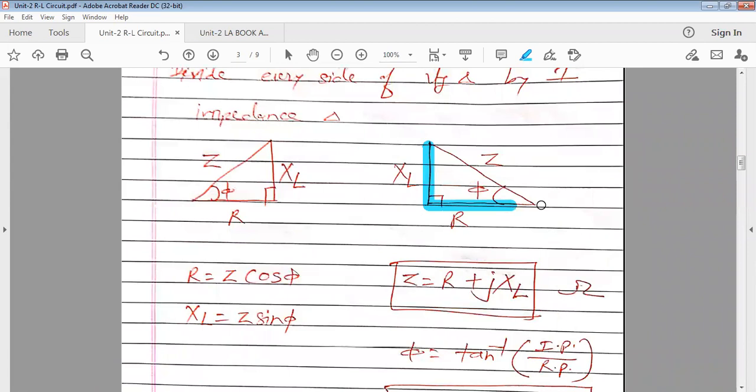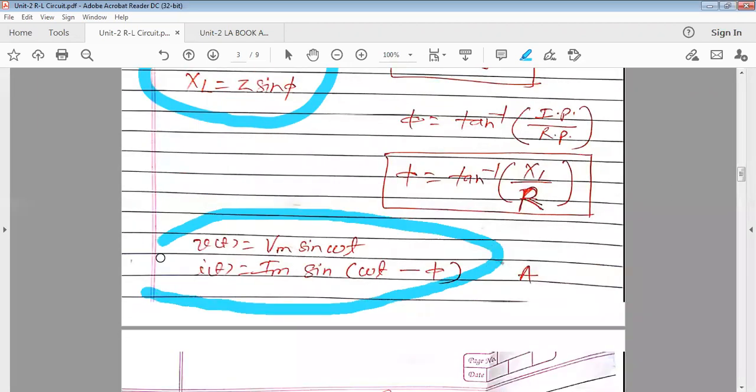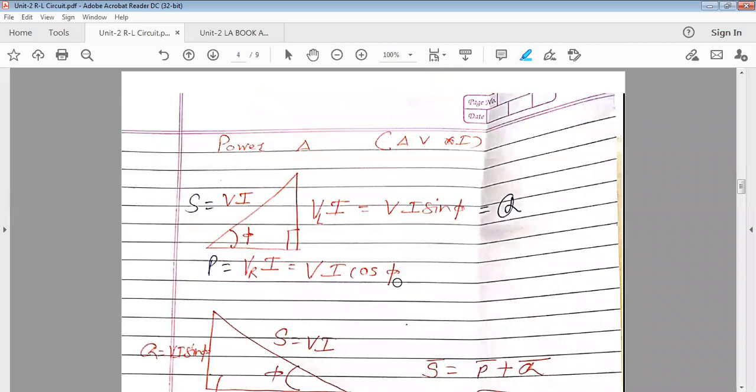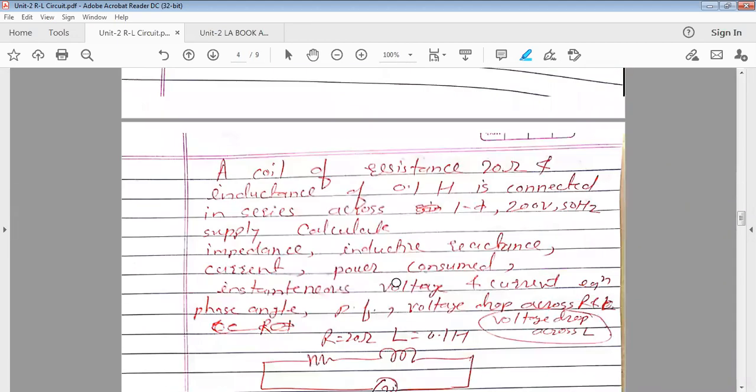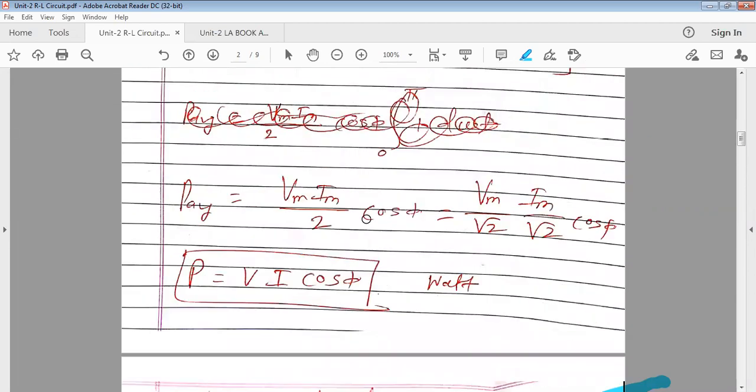Sometimes while solving the sum you have to use the formula R is equal to Z cos phi, XL is equal to Z sin phi. So this is the instantaneous voltage and current equation. Using this you can calculate the instantaneous power. That one part I think we have done, right? So we got active power VI cos phi.